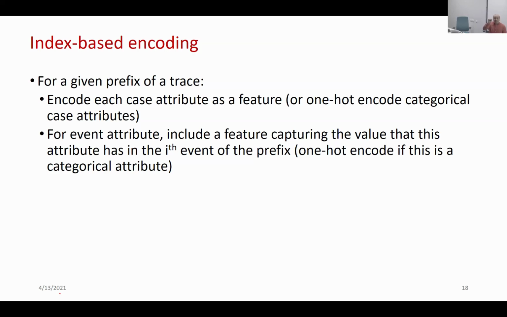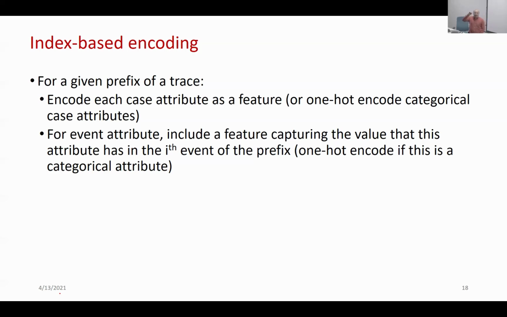Say that one is A. Then you have another column that tells you which activity occurred in the second position. Let's say B. Then you have another column that tells you which activity occurred in the third position. Let's say B again. So I have one column for every possible index in my prefix: position 1, position 2, and position 3.